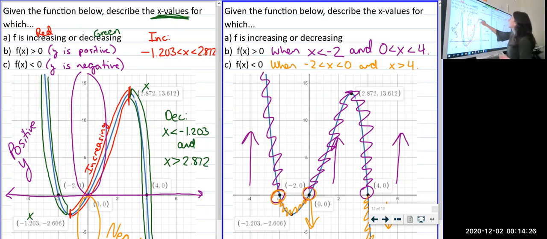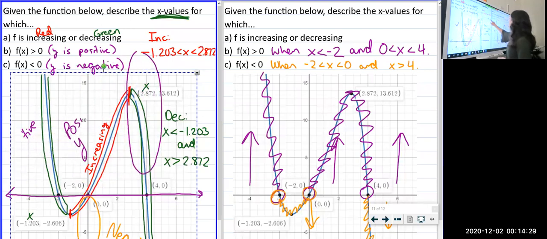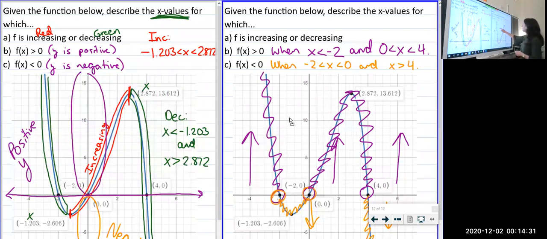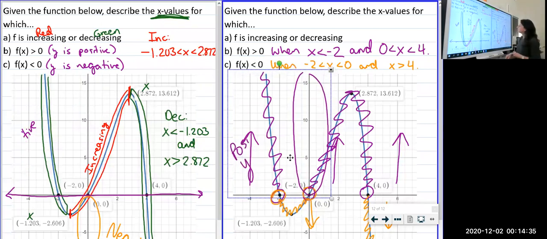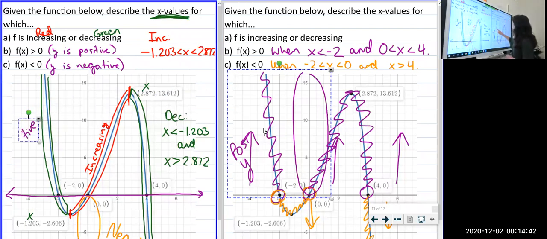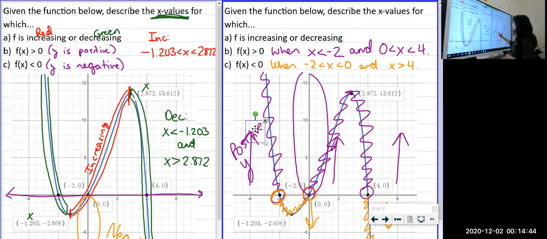So I would actually take this, put it over here. Positive y. Yeah, that little part of the word got left behind. Here we go. And then negative y's.